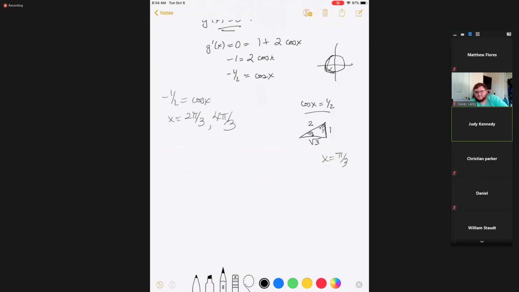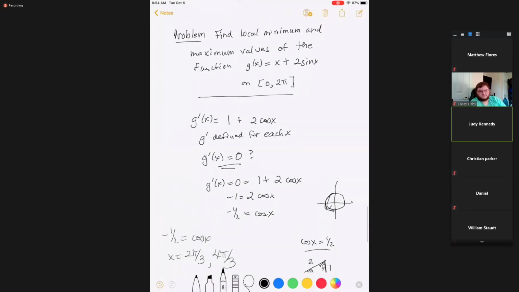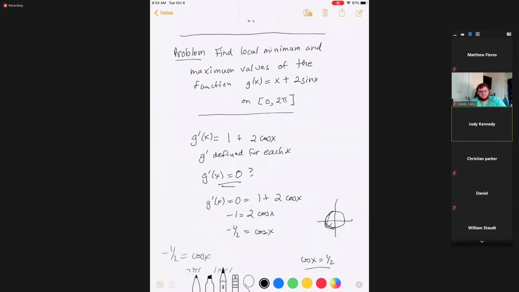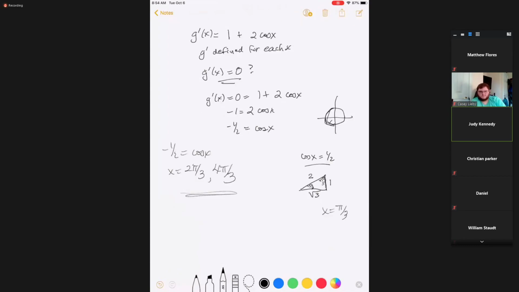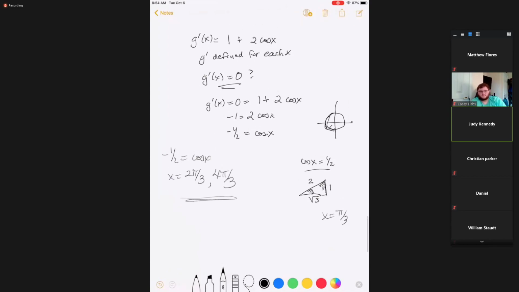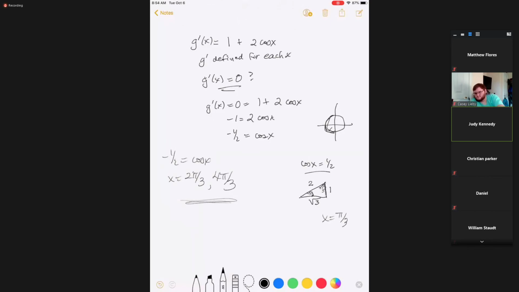Yes. Okay, well, we'll stop there. So I found so far the critical numbers. I have not answered the question yet about the local minimum and maximum values, but we will pick up here tomorrow. And yeah, finding the critical numbers, that's a good start.